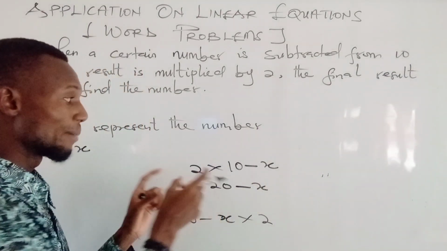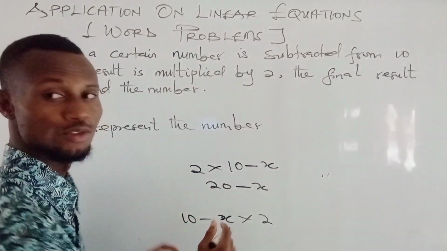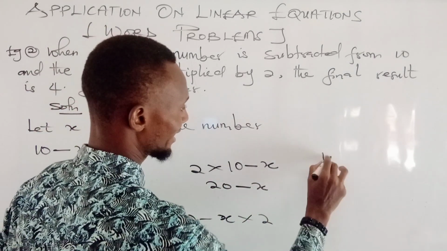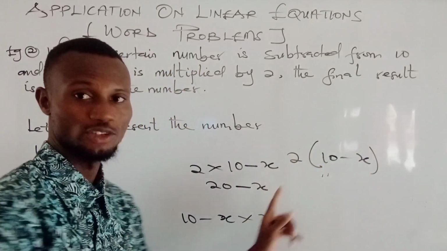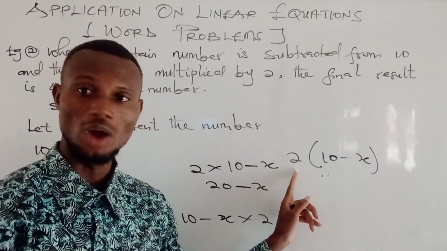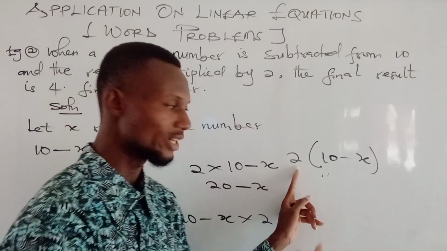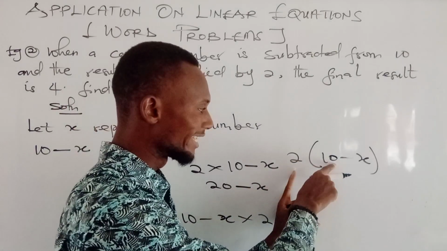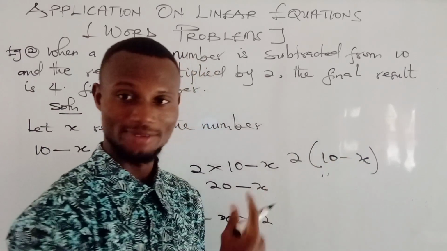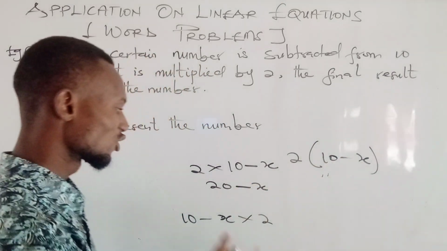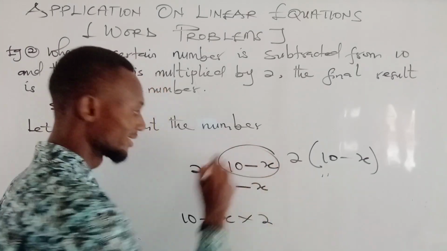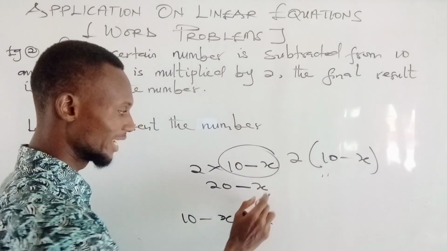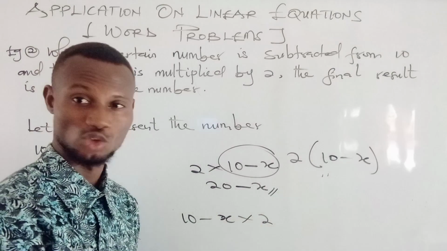So the best way to do it is that you write your 10 minus S, you put it into brackets, then you multiply it by 2. This is the correct way to go about it, so that in that case you know that the 2 will multiply the 10 and the 2 will multiply the negative S also. But most students will write it like this, and they'll forget that the 2 needs to multiply the whole of this, and they'll go and write a simplification which will result in this, and that is wrong.